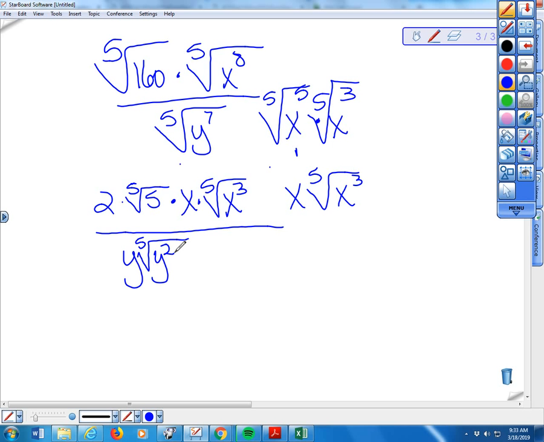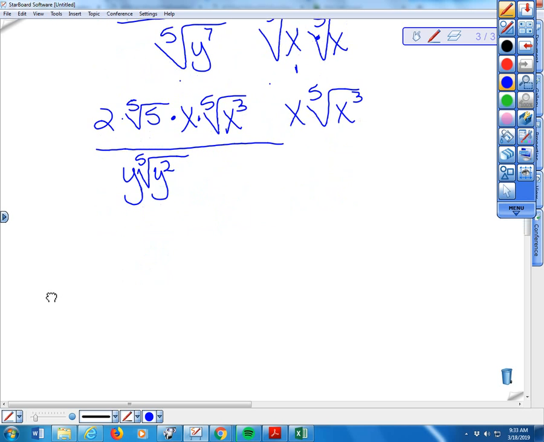Now, my issue is I have a radical in the denominator. Can't have that. So I could rewrite this as y to the 2/5, right? So what do I need to add to that to get 5/5? 3/5. So I'm going to multiply this times y to the 3/5 over y to the 3/5.